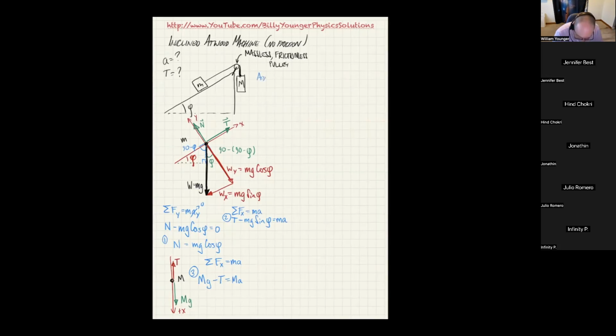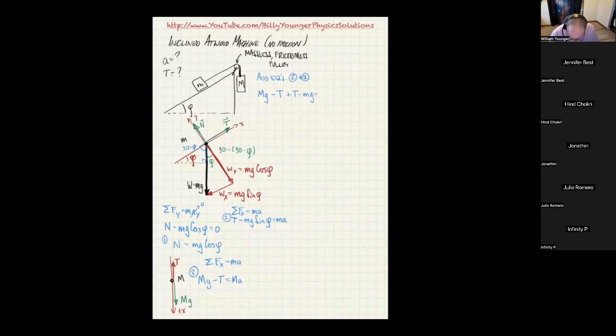So I'm going to say add equations 2 and 3. And what's going to happen is I'm going to get Mg minus T. Now I'm going plus equation 2, which would be T minus lowercase mg.